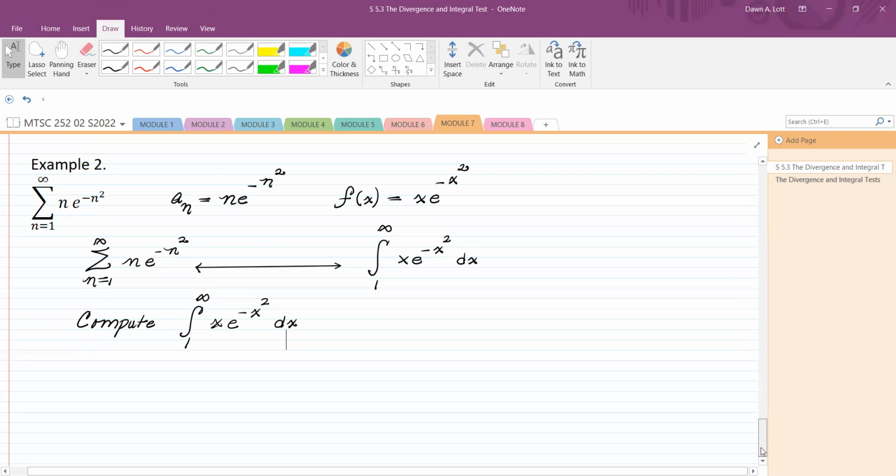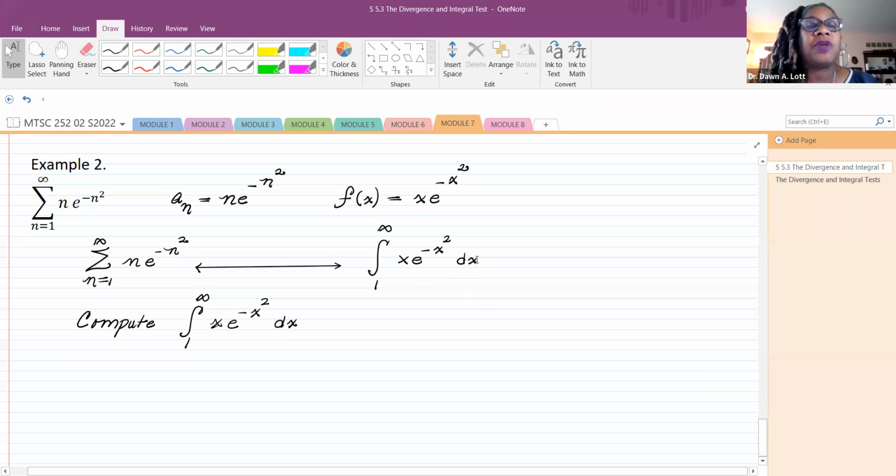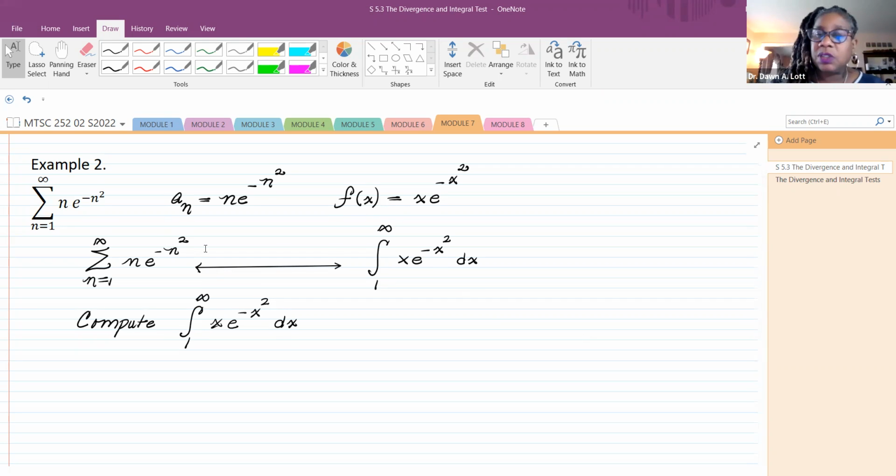Nobody? It diverges, right? Okay, the integral will diverge, and that will say that the series will diverge, right? Okay. So let's do this integral.